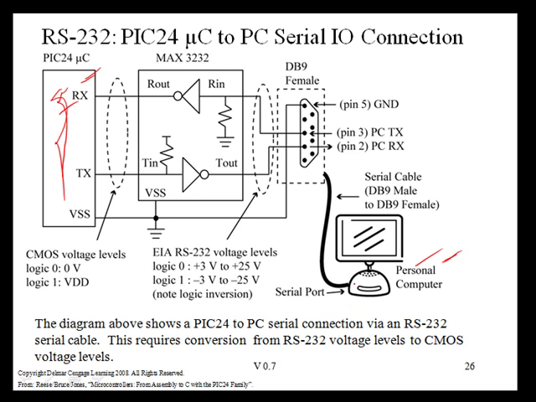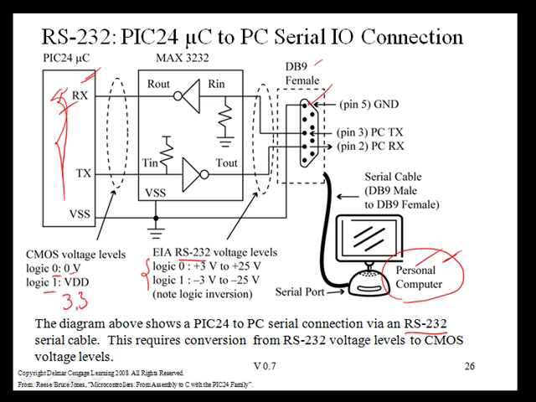An older method was that personal computers used to support a physical interface standard called RS-232. This meant that they had a special connector in the back that's called a DB9, and this supported a standard named RS-232. This standard has logic levels at voltage levels that are not compatible with CMOS voltage levels. CMOS logic 0 is 0 volts, while logic 1 is whatever VDD is.